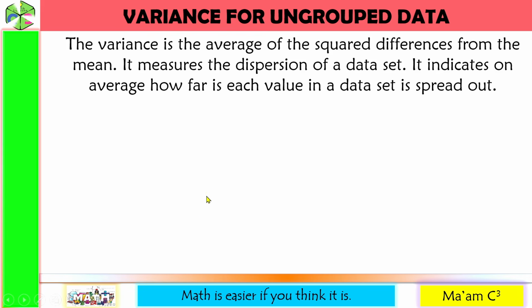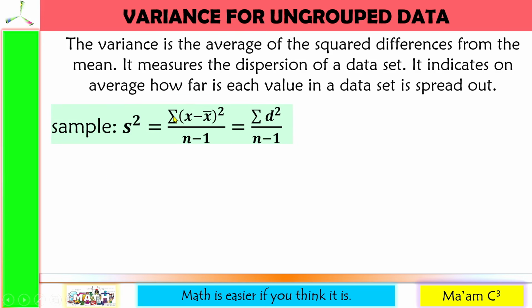Again, we have two formulas. For the sample variance, we have the summation of the square of the difference of x minus x bar all over n minus 1. Or in simpler form, this is the summation of the square of the deviation divided by n minus 1.